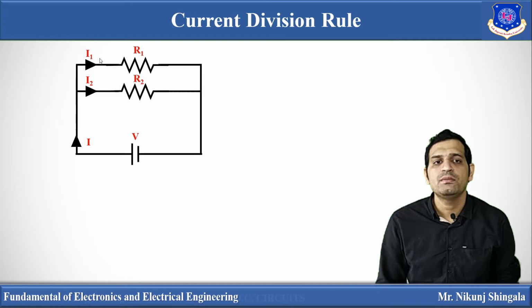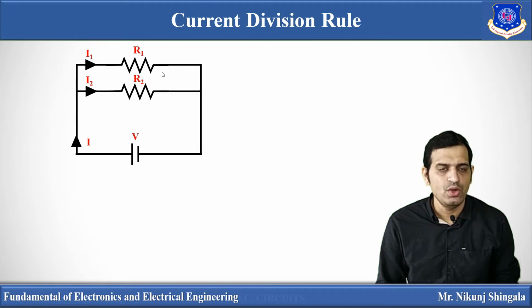Now we have to determine I1 and I2 using the current division rule. Why is it known as the current division rule? Because current gets divided into the branches, and in the previous case it was known as the voltage division rule because the total voltage gets divided when the resistors are connected in series. Here current gets divided, that's why it is known as the current division rule.